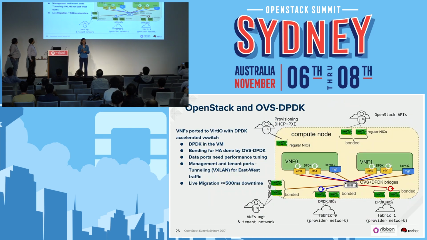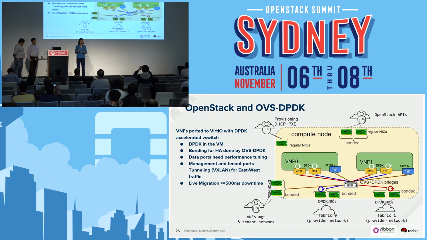Moving to OVS DPDK. With OVS DPDK, this is a typical layout with OpenStack today. You have DPDK ports on the bottom. These are the data ports. You also have your signaling and control plane going through DPDK NICs on the left-hand side.